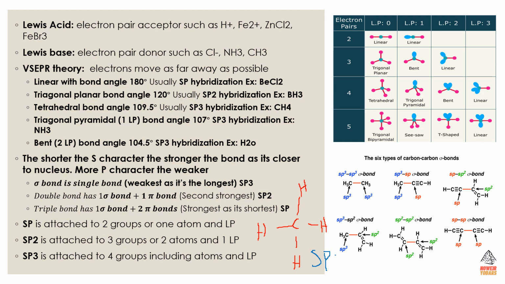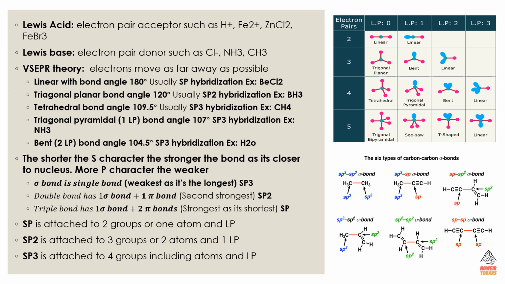What's an sp3? sp3 is the weakest. It has the most p character in comparison to s character, so it's 3 to 1, and it's the longest. It's a single bond, and it's the weakest, because it has one sigma bond.